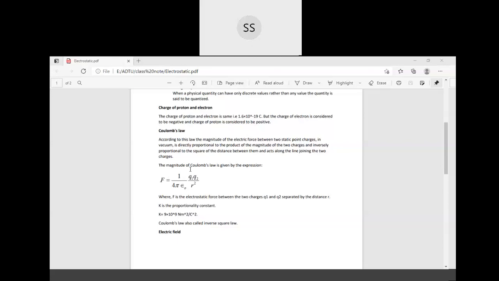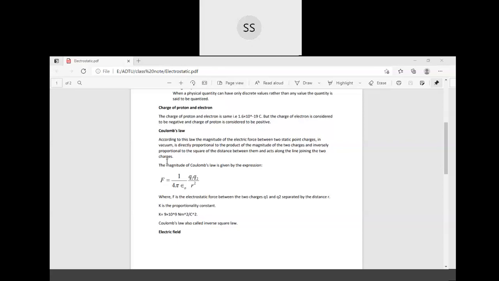When the two charges have opposite sign, then the force will be attractive. And the force will always act in a straight line. So this is Coulomb's law. As per Coulomb's law, we get F equals K Q1 Q2 by R square.